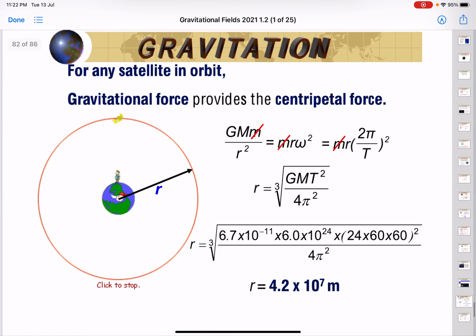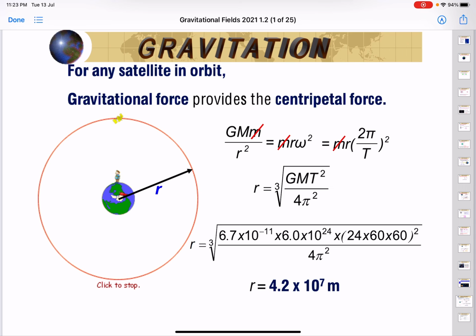So we can do some mathematical analysis on this kind of satellite to find where it has to be. In fact, there is only one possible distance away from the center of the Earth where you can place a geostationary satellite. We use the fact that the gravitational force provides the centripetal force, so GM/r squared equals r omega squared.